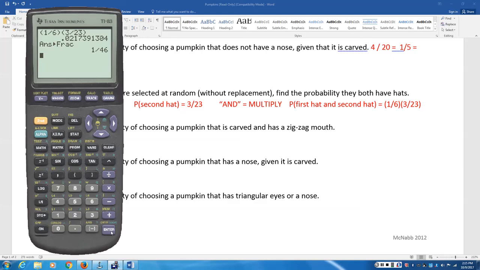And I realize, hey, 2.2% is not very likely to happen. I don't want to bet on that. Okay?